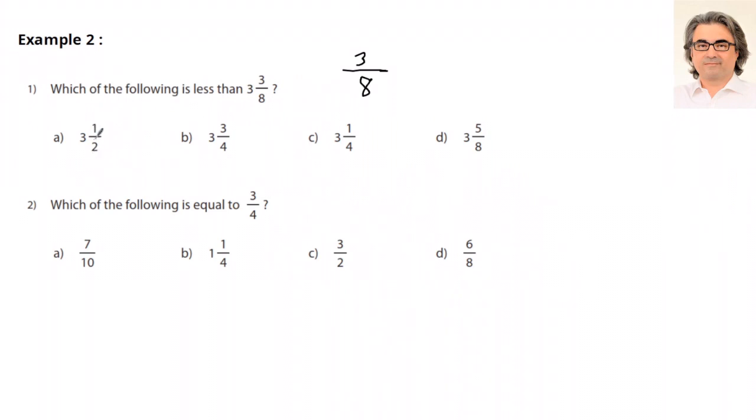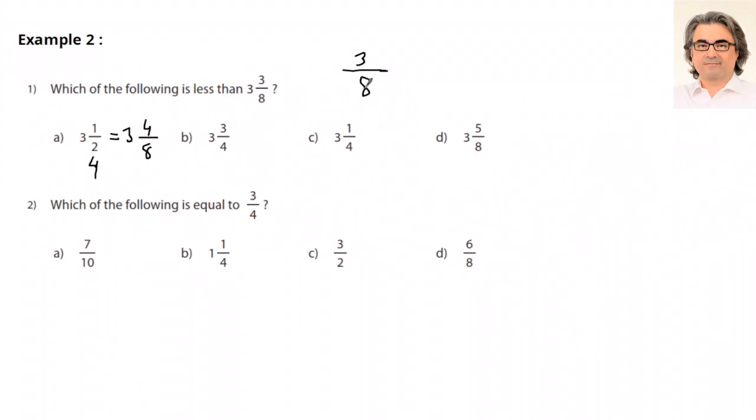Now, what about 1 over 2? Let's compare 1 over 2 with 3 over 8. I may equalize their denominators at 8 by multiplying by 4. So it will be 3 and 4 times 1 is 4 numerator, and 4 times 2 is 8. Now compare 4 over 8 and 3 over 8.